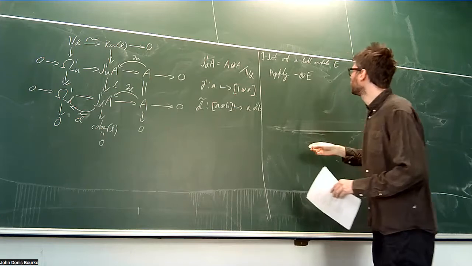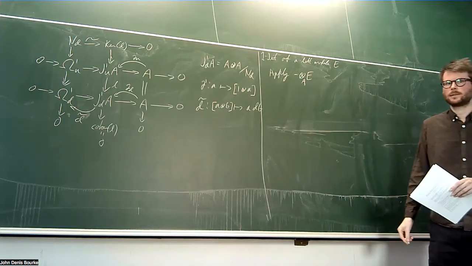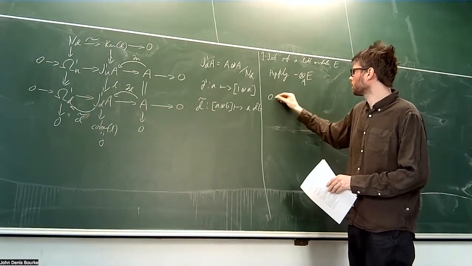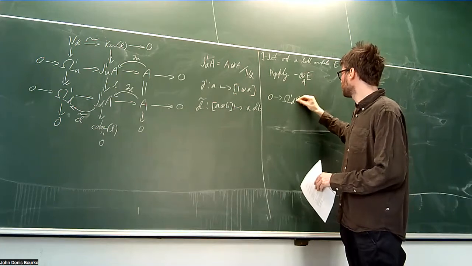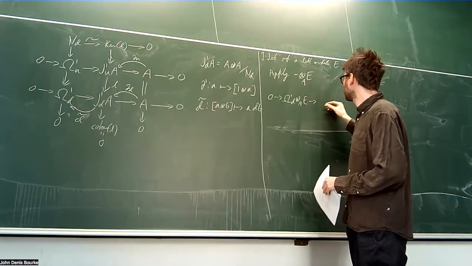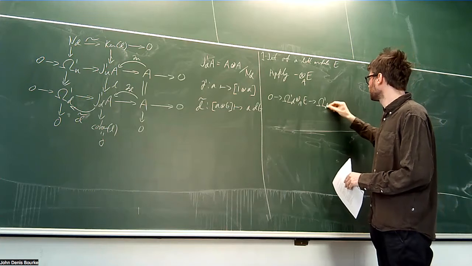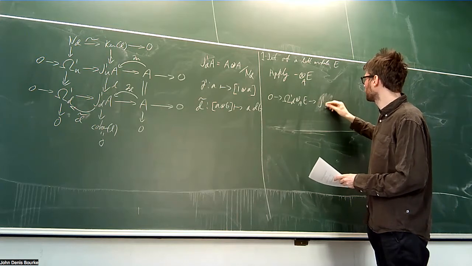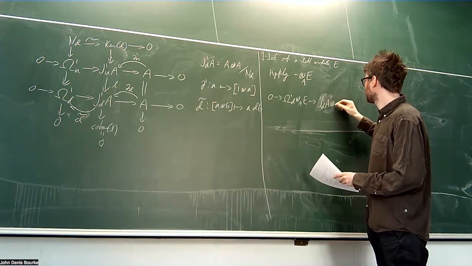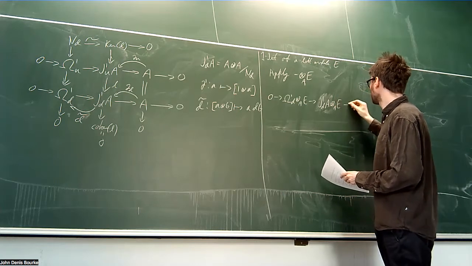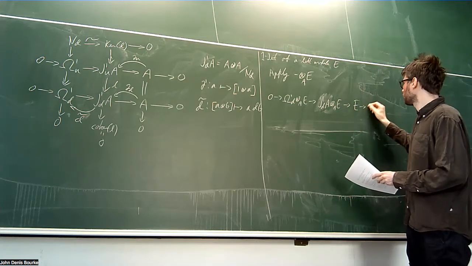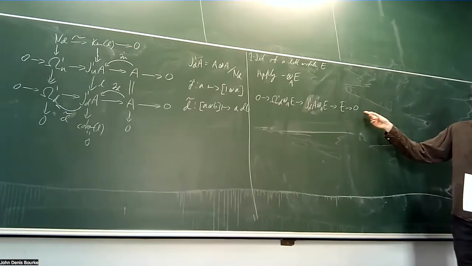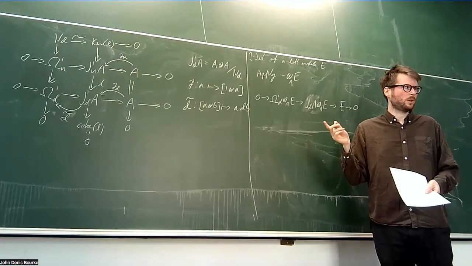Apply the functor tensor over A with E to this exact sequence, and then you get this sequence, which is exact and fits the definition of a jet module for order 1.